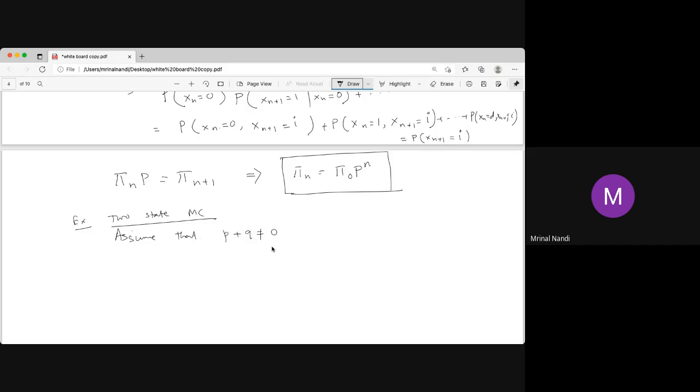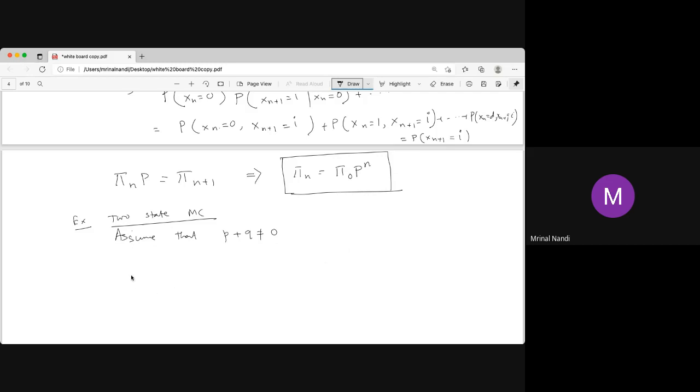If p plus q is 0, then that means start from the working state, it is always in the working state; start from non-working, it is always in non-working. P plus q equal to 2 means start from working, next day is non-working, next day is working, next day is non-working, next day is working. So these two are trivial, non-interesting cases. The interesting case is p plus q greater than 0 and less than 2.